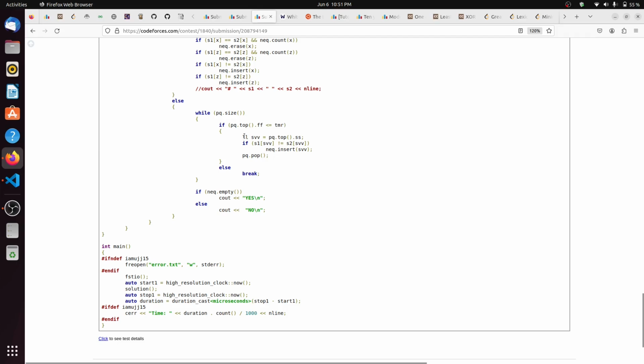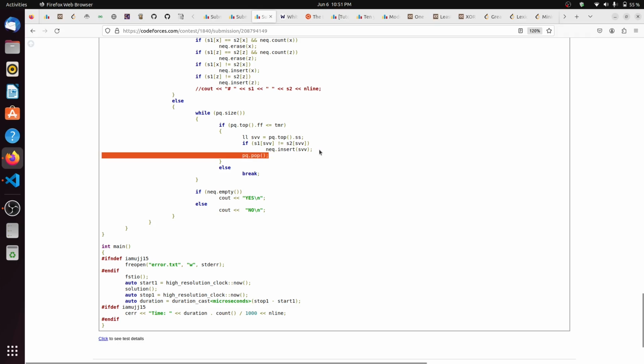So in that case, we save the second value, the index, as vv. If currently s1 at vv and s2 at vv are not equal, then we'll put them in the NEQ set. Otherwise, if they are equal, we don't have to do anything.